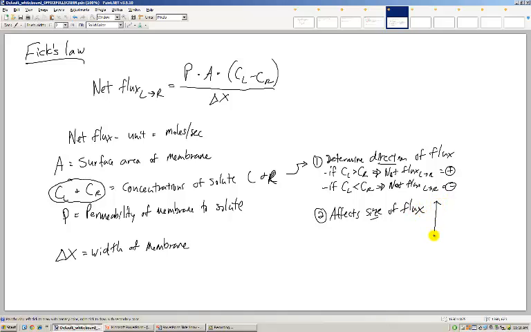If we were to make a graph of net flux versus Cl minus Cr, you'd find that you'd get a line, right? Bigger concentration difference, bigger net flux, and it's what we call a linear effect. If you double the concentration difference, you double the net flux. So if this is twice as big, then this gets to be twice as big.